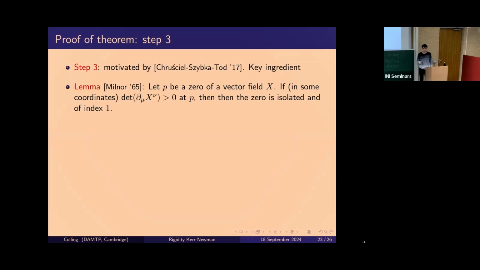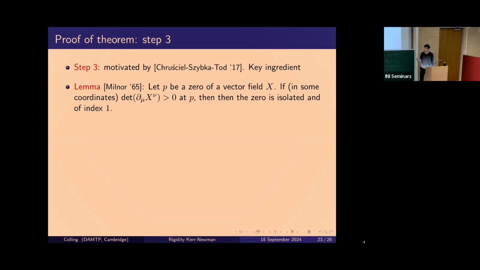The idea is that we're going to calculate the index of a zero from the equation using the following lemma by Milnor, which states that when we have an isolated zero, then the index of the zero will be given by the determinant of the matrix of first order derivatives of x, at least whenever this determinant is not zero. And when this determinant is not zero, we also get the fact that the zero is isolated for free, because it means that x is a local diffeomorphism.